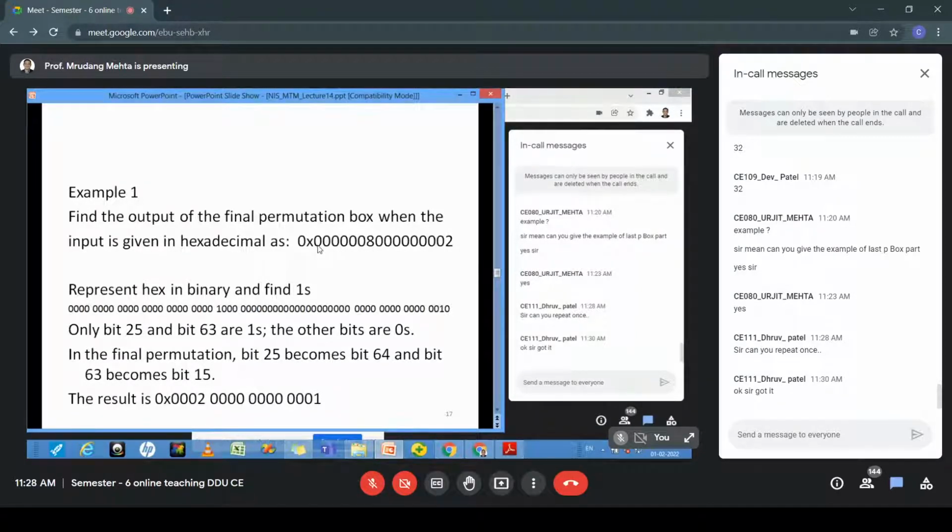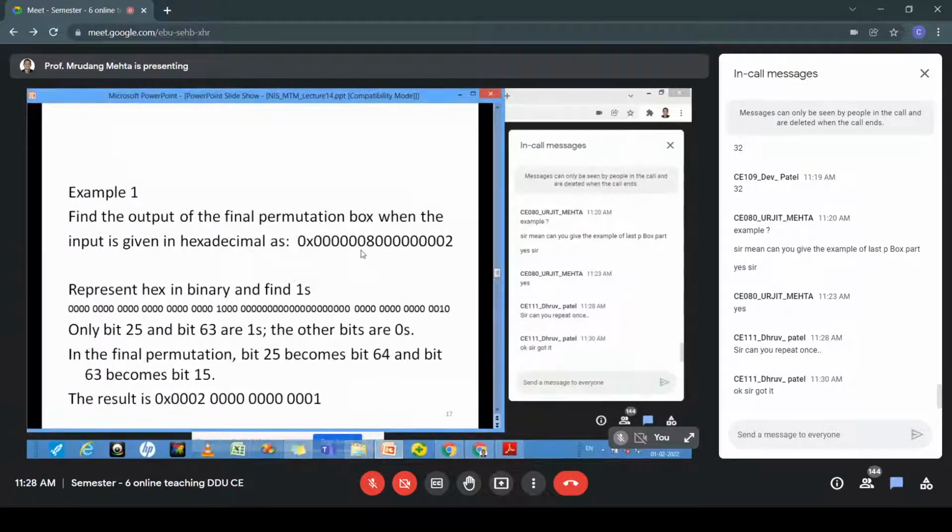How many digits are there in this input? Count it: 1, 2, 3, up to 16. So 16 hex digits is equivalent to 64-bit binary, 16 into 4, each digit is of 4 bits. Is that clear?